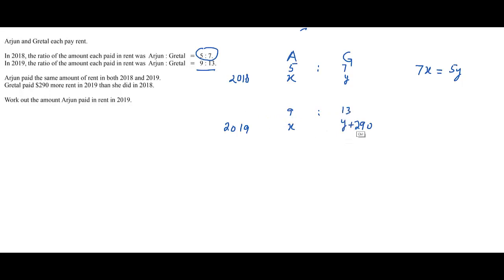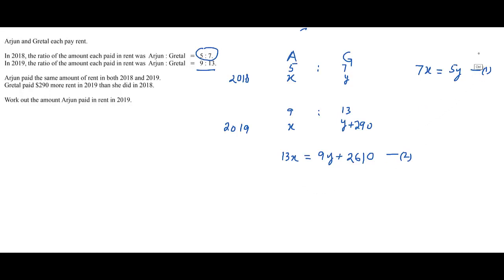So doing cross multiplication again here, it is 13x equals 9y plus 2610. So this is equation number 1 and this is equation number 2. So we can use the simultaneous equation method. Now I will use the substitution method for simultaneous equations.